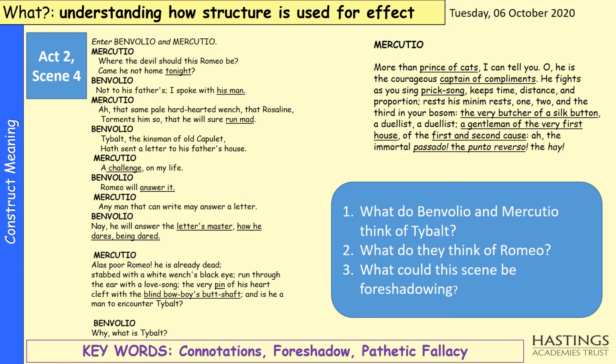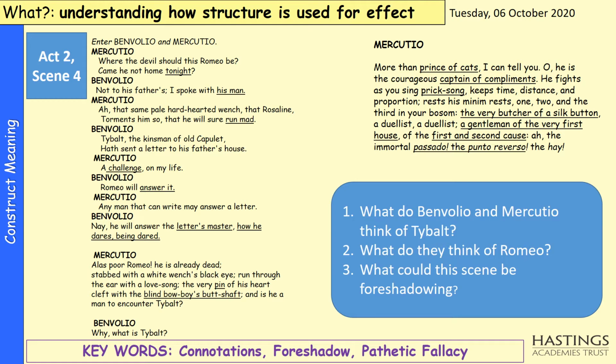He fights as you sing prick song, keeps time, distance, and proportion. He rests his minim rest, one, two, and the third in your bosom, the very butcher of a silk button, a duellist, a gentleman of the very first house, of the first and second cause. Ah, the immortal passado, the punto reverso, the hay.